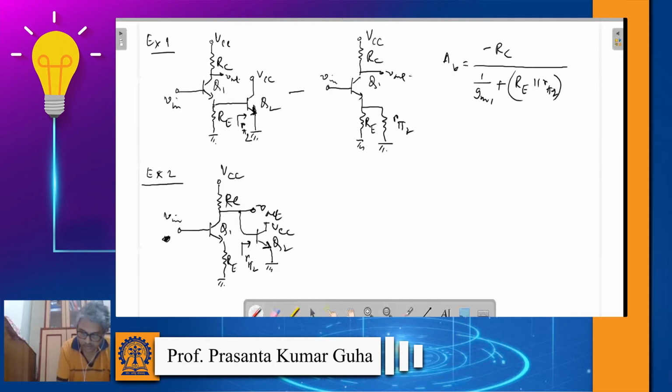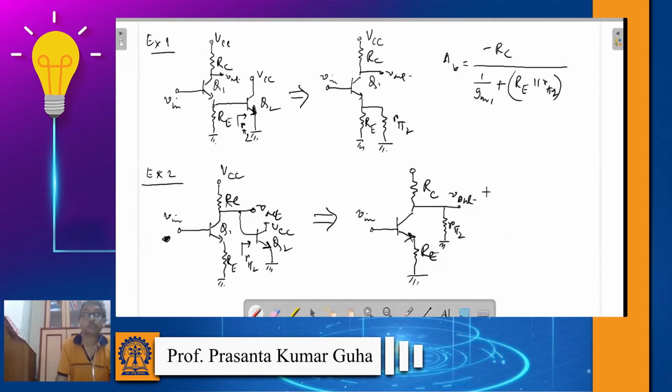In that case we can basically simplify this circuit. We can simplify that circuit by connecting R2 to the collector, and for a small signal model, this RC and R pi 2, you see they are in parallel, because you are basically grounding this capital VCC, because that's the DC voltage, right?